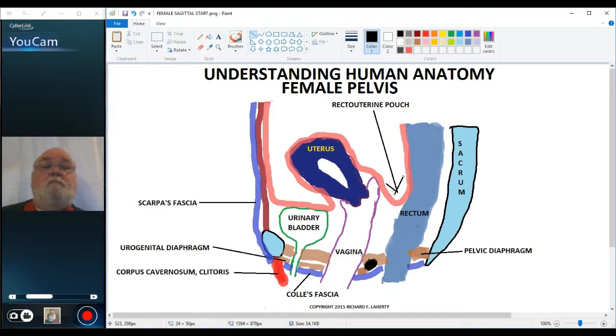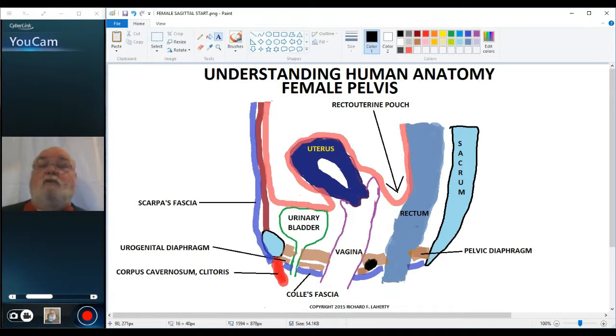And the rectouterine pouch is the low point of the peritoneal cavity in the female.